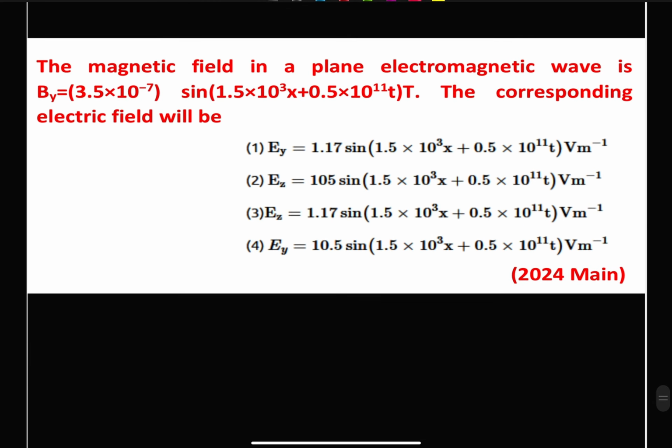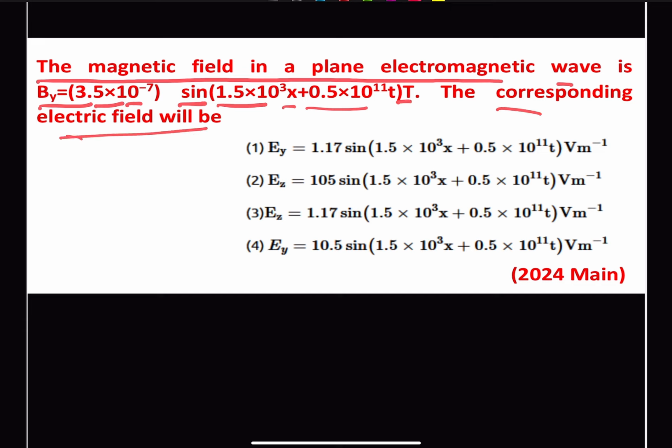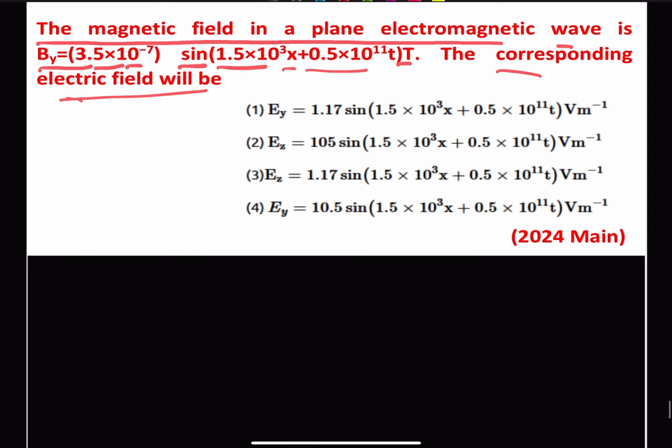It states that the magnetic field in a plane EM wave is given as By = 3.5 into 10 to the power minus 7 sine of (1.5 into 10 to the power 3 x plus 0.5 into 10 to the power 11 t) Tesla. The corresponding electric field is this. So this is quite inverse of the previous one. First of all, let's find out the magnitude.